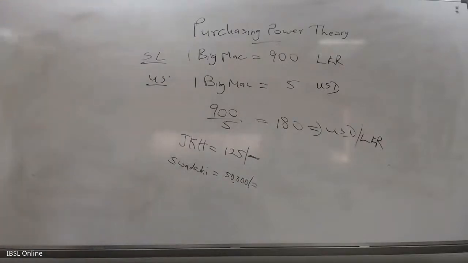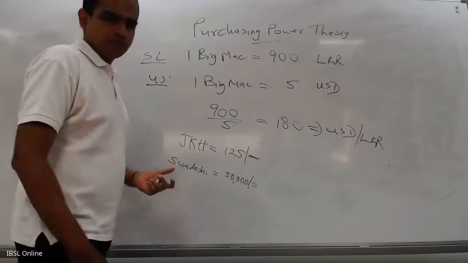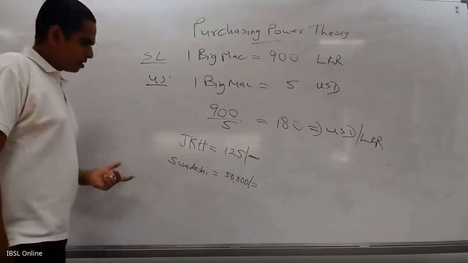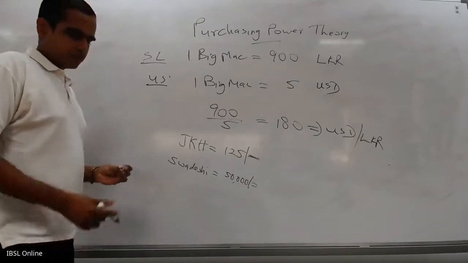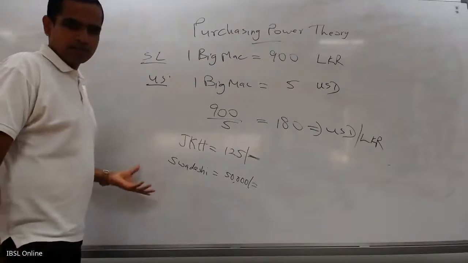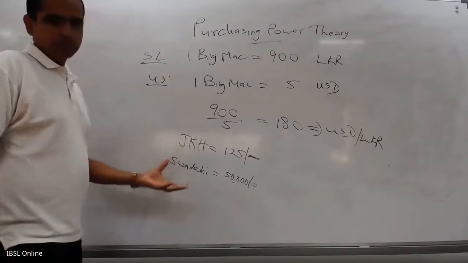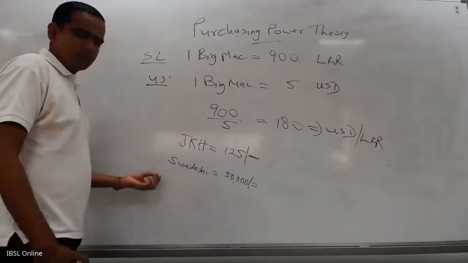Out of these two companies, I'm just throwing out examples. I'm not saying one is better than the other, but in terms of market capitalization, recognition, market reach, which one is larger and which one do you think is better? Not to run down Swadeshi, no disrespect, but out of these two, John Keells is better, right? So John Keells is priced only at 125, Swadeshi is 50,000.